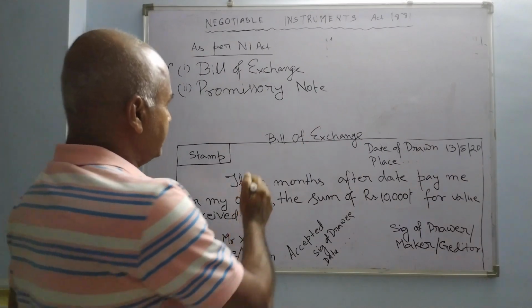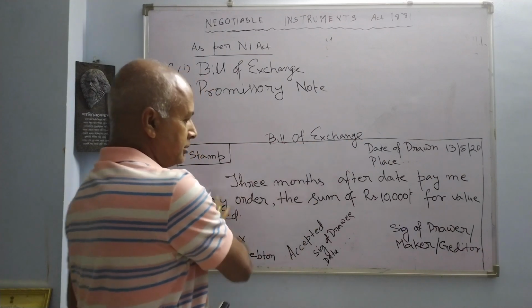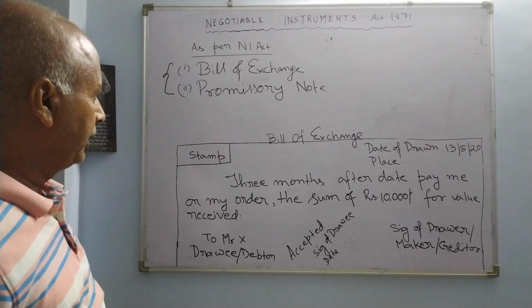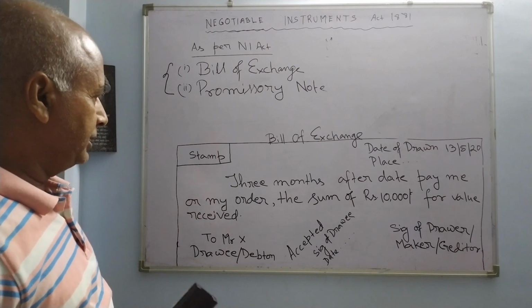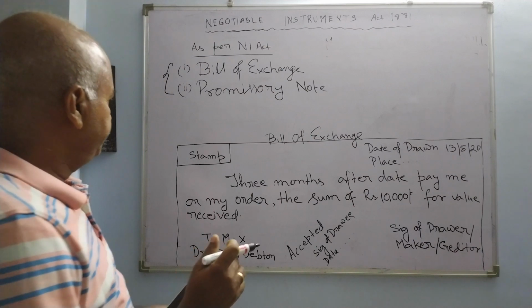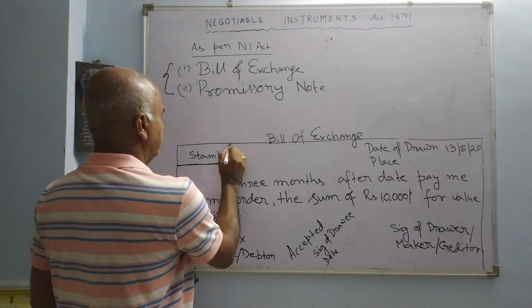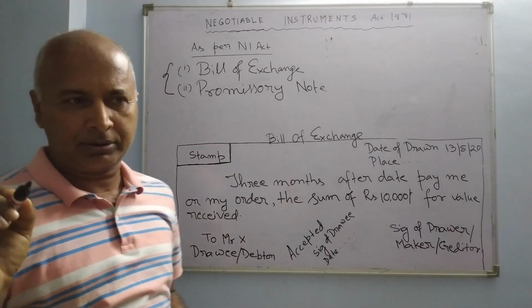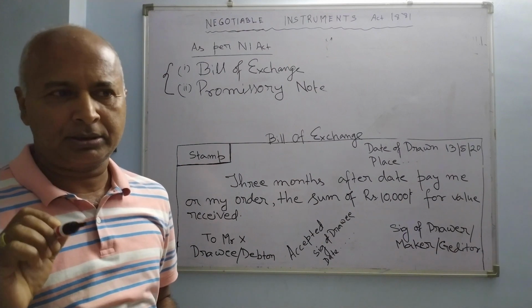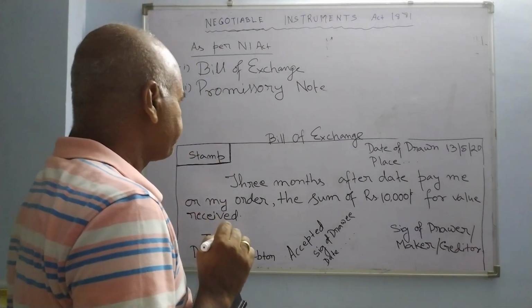So come to this model. This is a model of a bill of exchange, this entire portion. In a bill of exchange, you see the stamp. Stamp is a must as per the Indian Stamp Act.